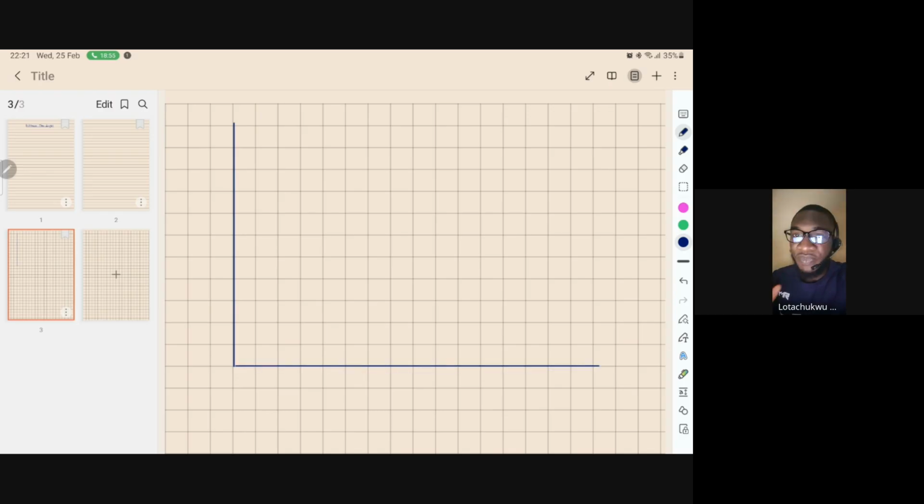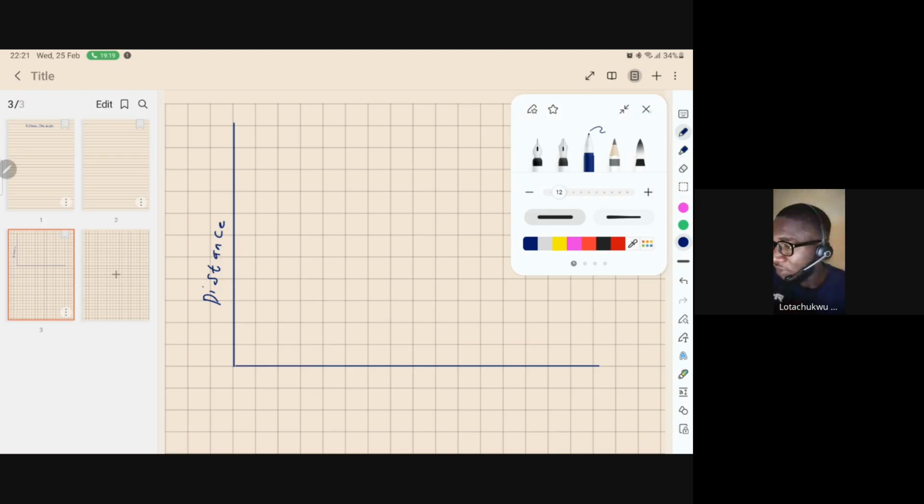So you have your distance, which can be in meters, kilometers, millimeters, whatever unit is given. Remember that this side of the graph represents your distance, which can be in kilometers or anything, while this side of the graph is your time, as the case might be.